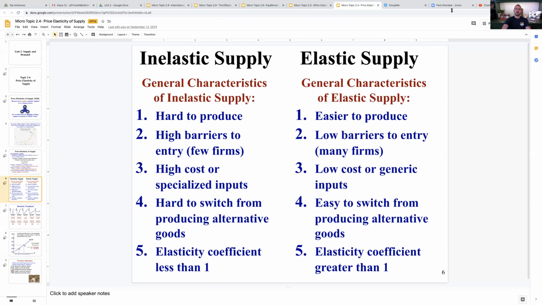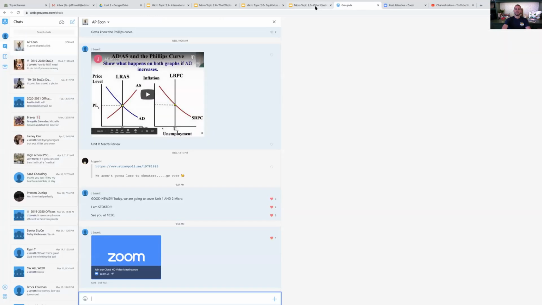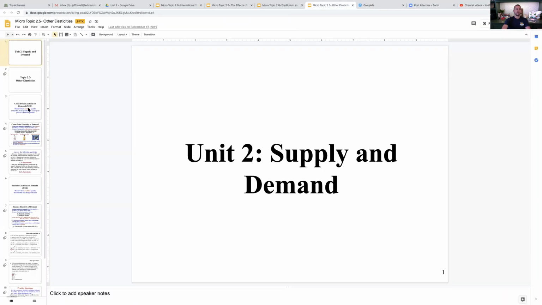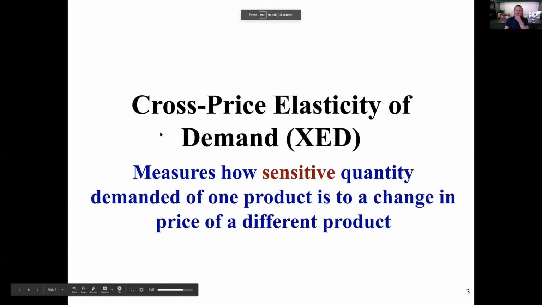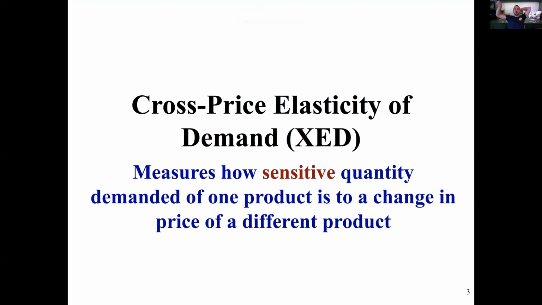Okay, all right, let's go to the next two: cross-price elasticity and income elasticity. Cross-price elasticity looks at when you have two different goods: how does a change in the price of one good impact the quantity demanded of the other good?